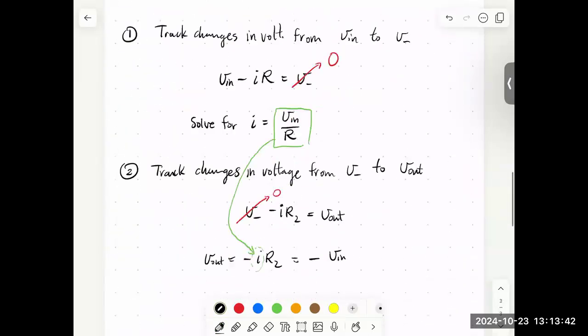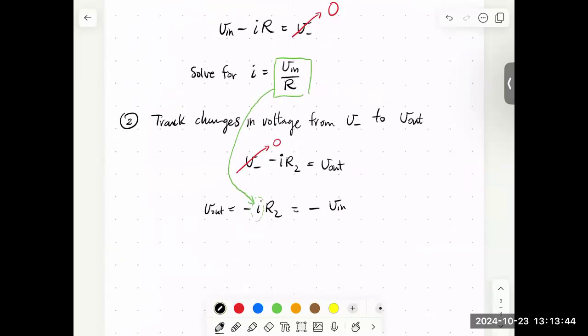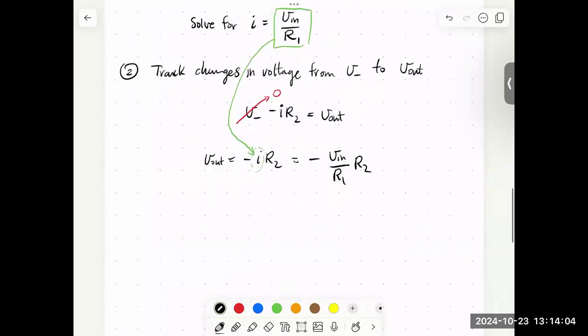Did I label it R1? I did. So let's make sure we take care of our subscripts. Okay, so we go minus I, and I is V in over R1. So here's our R1, and then this is multiplied by R2. And so therefore we get our final result that we were looking for. I'll write it in this way. V out is equal to minus R2 over R1 times V in.